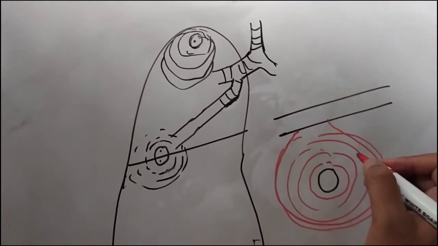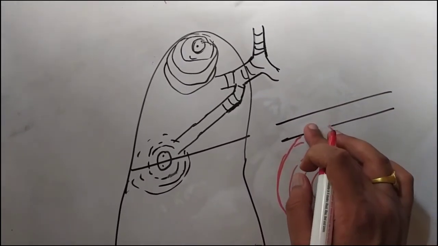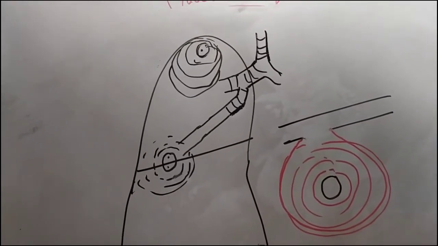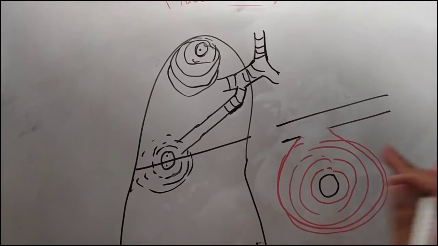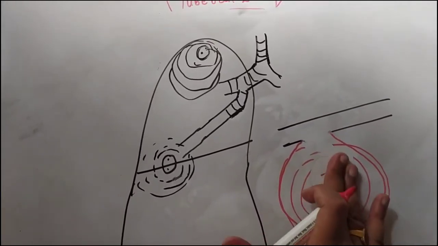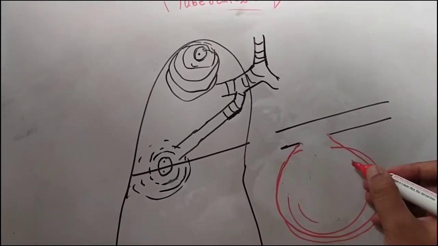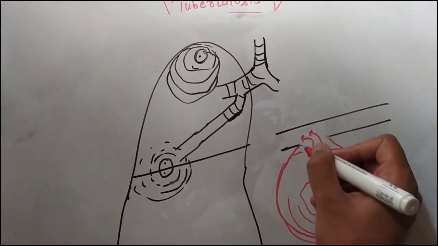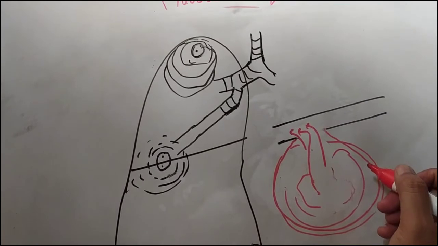When the nearby airway is involved, there will be necrosis of the airway also. So the wall of the airway will be dissolved, and now there is the cavity inside this, and the whole debris will go into this airway, and the debris will be coughed out.